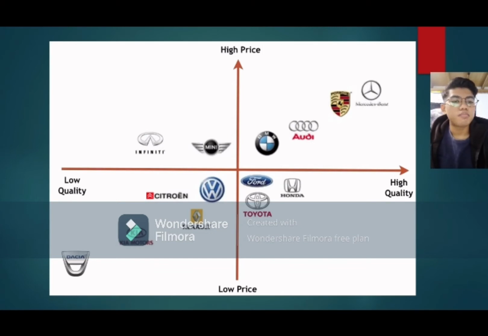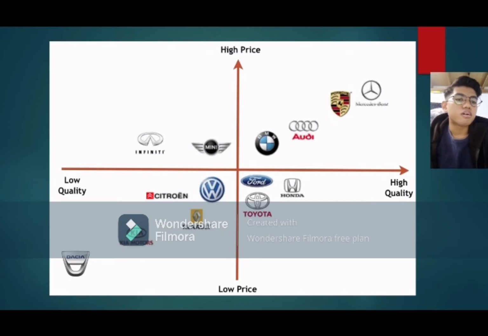And the last, the upper left, is the position of brands that have a high price but low quality. The position of each car brand within its respective quadrant also plays a role. For example, Mercedes-Benz and BMW are in the same quadrant, which is high price and high quality, but BMW is closer to the axis, so almost in the other quadrant, compared to Mercedes-Benz.